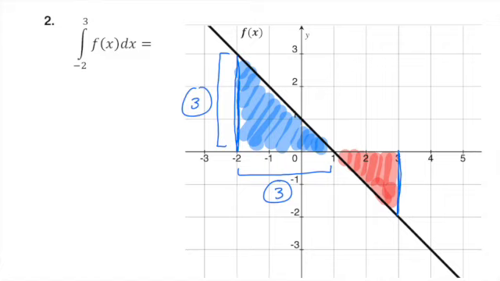Area of a triangle is 1/2 base times height, so 1/2 times 3 squared, which is going to give you 9 halves, or 4.5. And the area of this triangle right here would be 1/2 of this base of 2 and this height of 2, or -2 if you wanted to think of the y value.